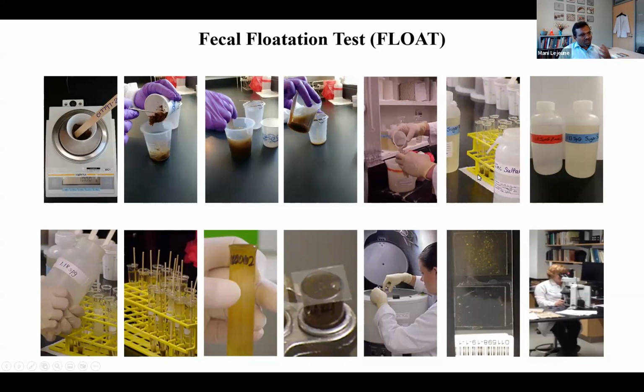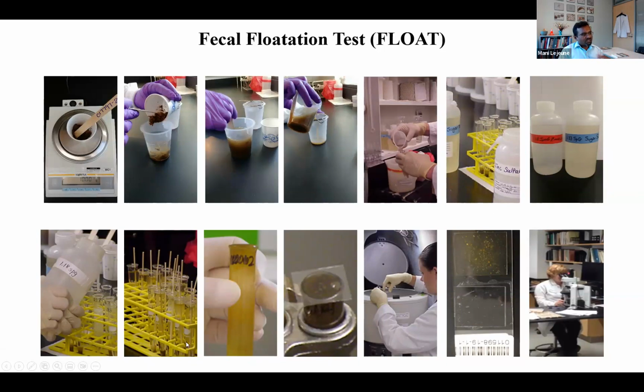And then we do a first centrifugation, which allows all the particles to sediment at the bottom, and the supernatant water is discarded. After discarding, we use these 2 different flotation solutions, sugar and zinc sulfate. We pour them into each of those tubes, and with an applicator stick we mix the sediment at the bottom.